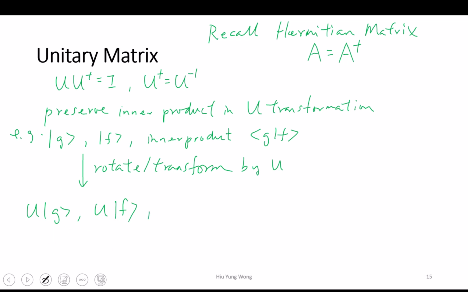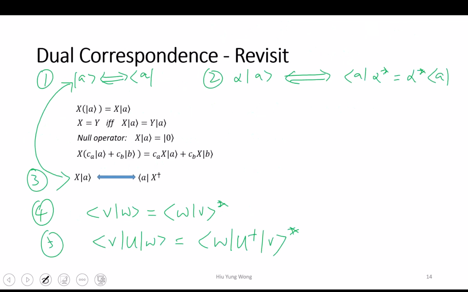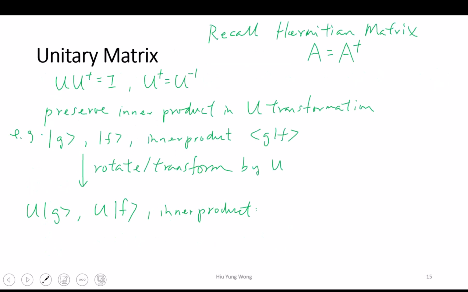What is the inner product of them? Remember what I told you earlier. If you apply a matrix to the vector, its bra version is the bra version of the vector times the Hermitian, the adjoint matrix.